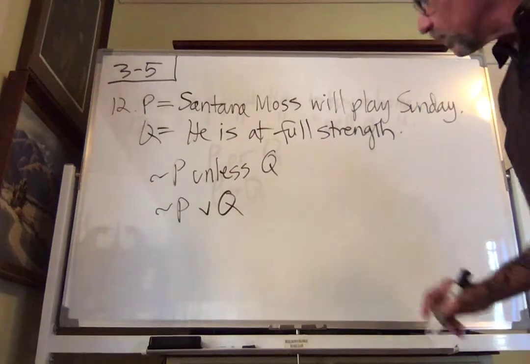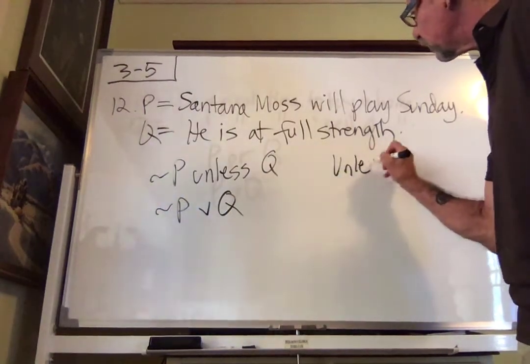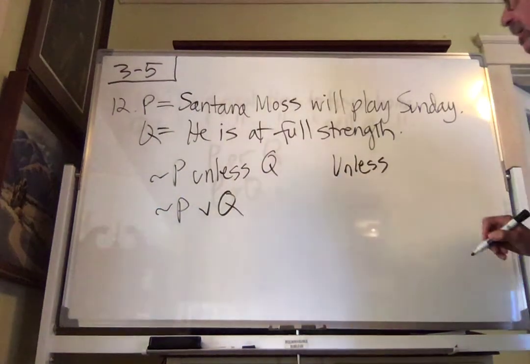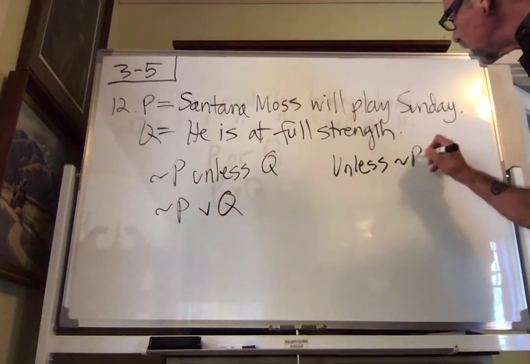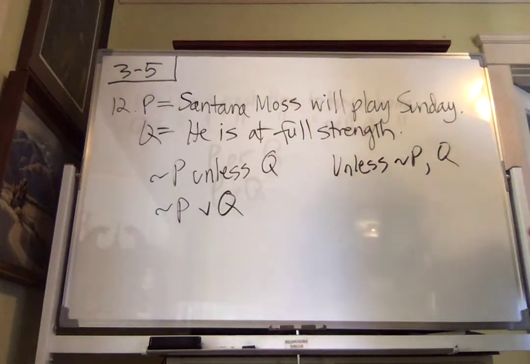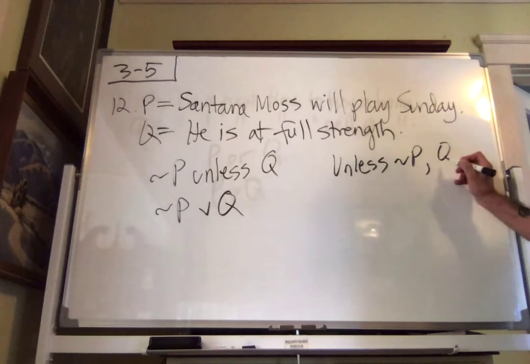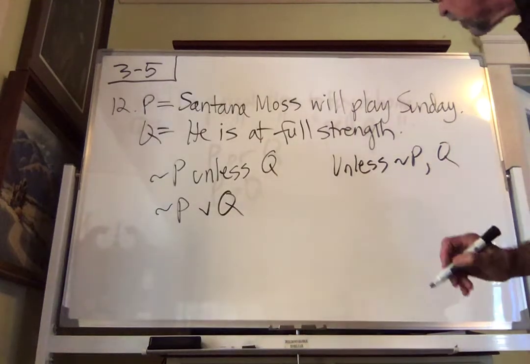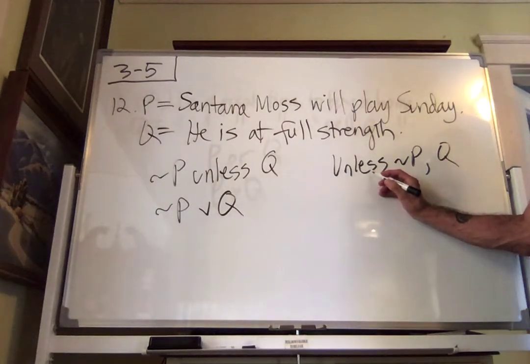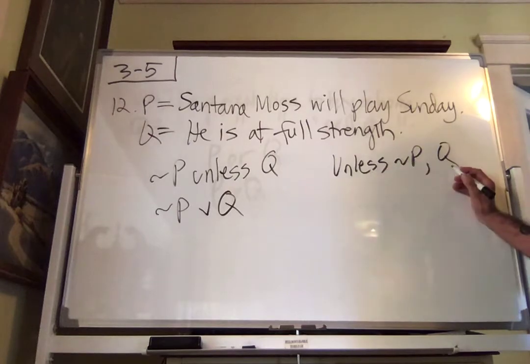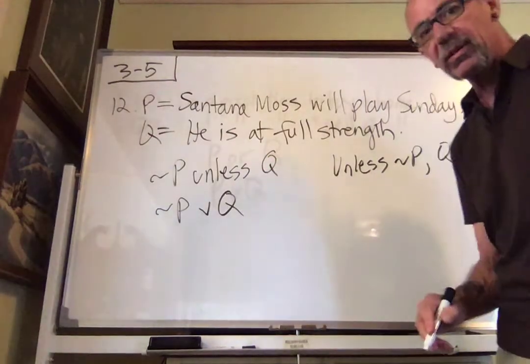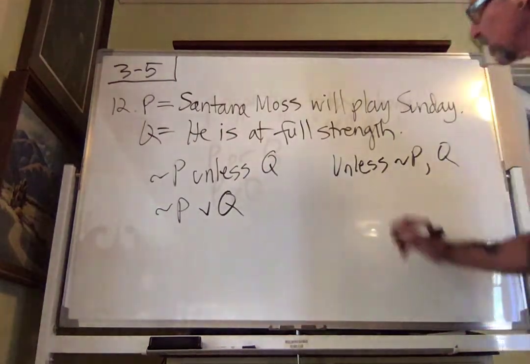There are some times when you will encounter unless at the beginning of a statement followed by two disjuncts. The placement of unless, whether it's in front of two disjuncts or between two disjuncts, makes no difference to our translation.